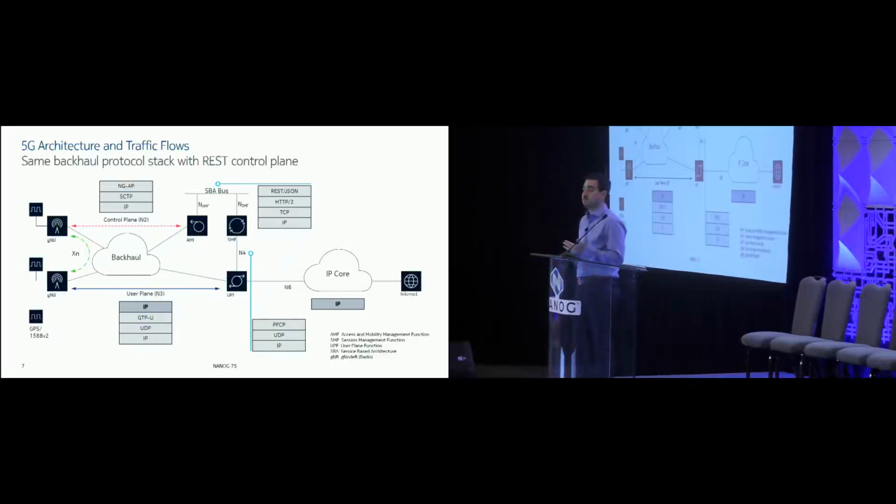There are, though, a few differences here that you can start to see. One of them is that the control plane elements, in this case the AMF, SMF, and as a matter of fact any other control plane element in a 5G core, don't use GTP-C or Diameter anymore.